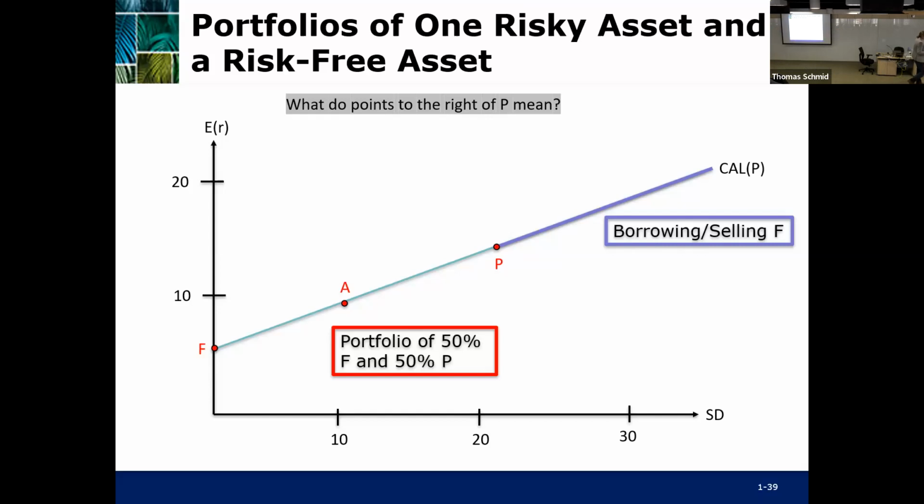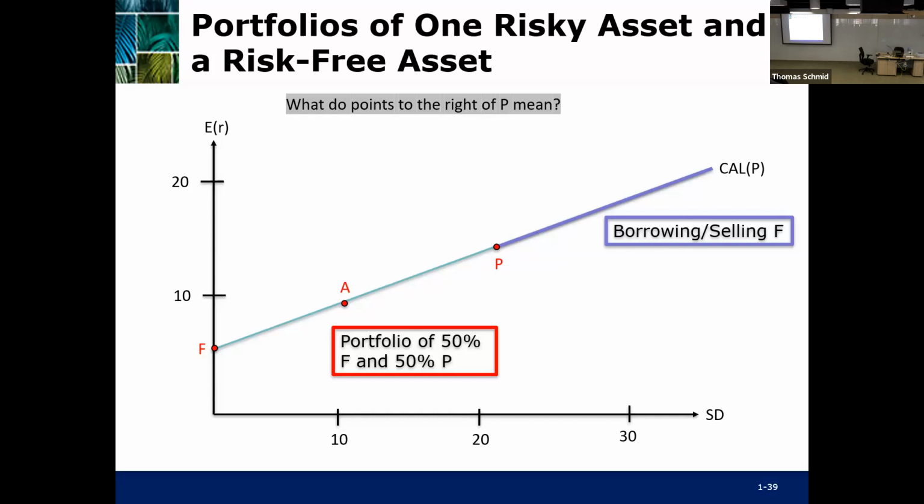So the implicit assumption here is basically that, if you think about F as a bank account, a savings account, the risk-free asset is just your savings account where you store your money and you get a return of, I don't know, 2%. Okay? So at point A, you would put half your money on your savings account and half your money in P. Right?